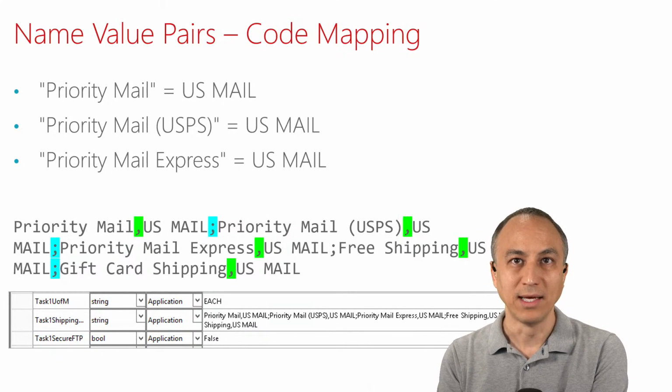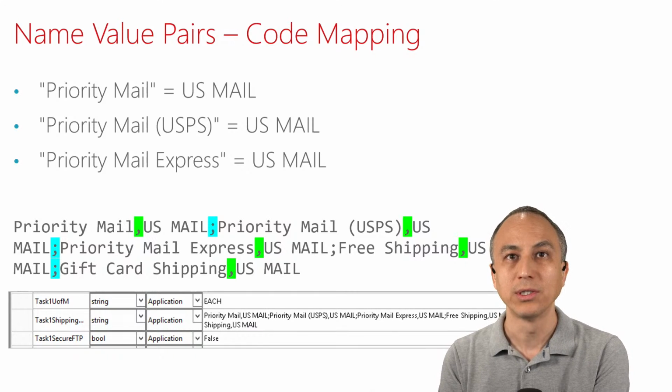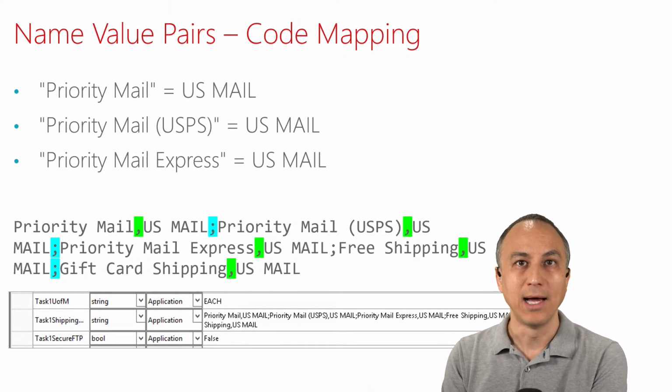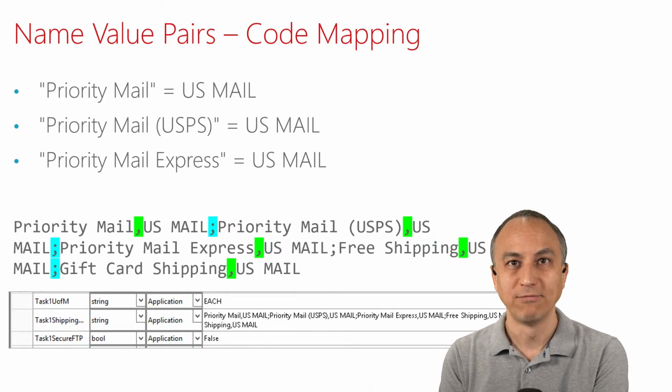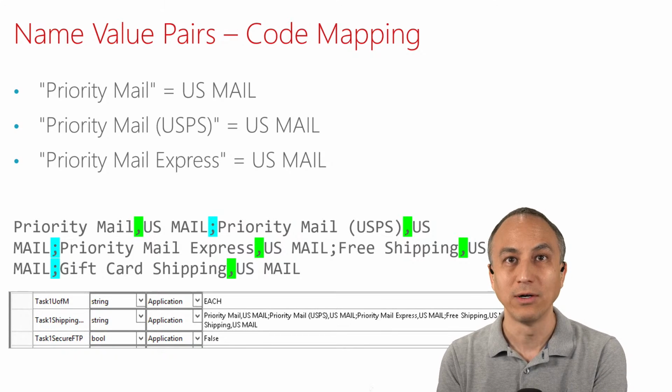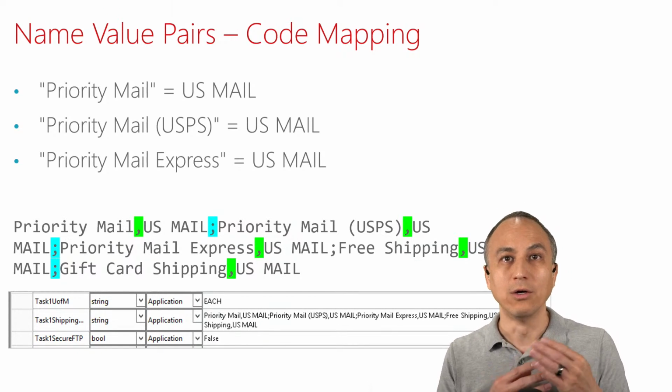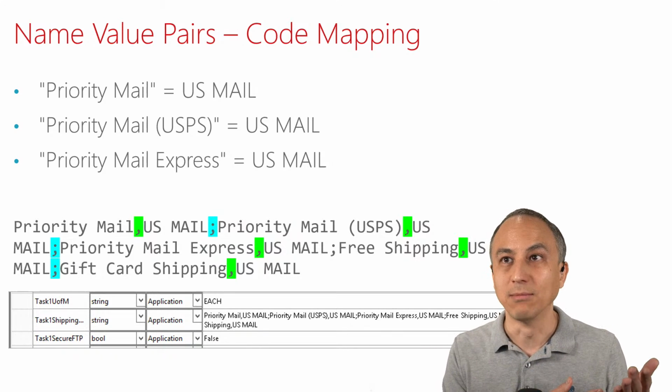The website that is capturing these orders, for whatever reason, records numerous shipping method codes, and I was suddenly faced with having to convert and map these website shipping codes to codes that can be used in the ERP system.